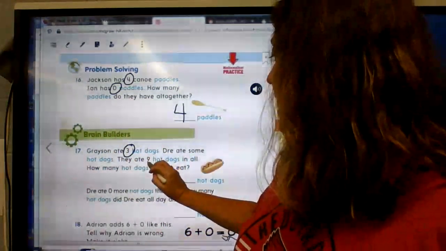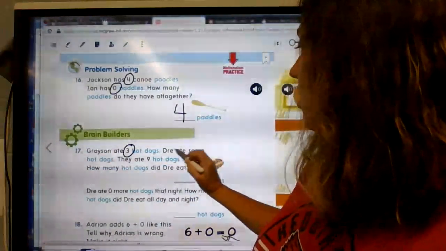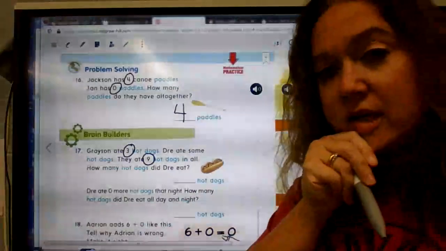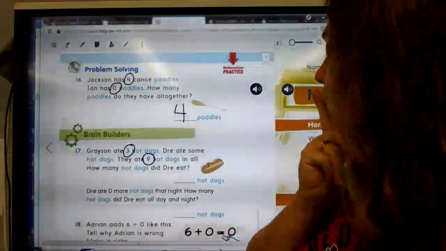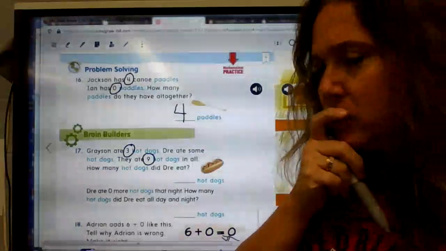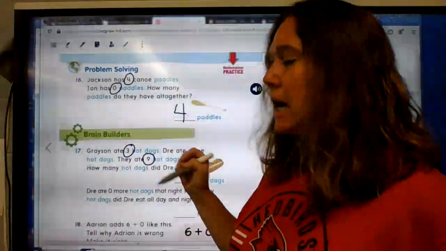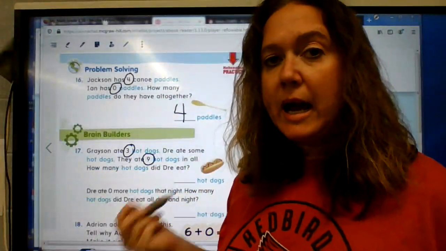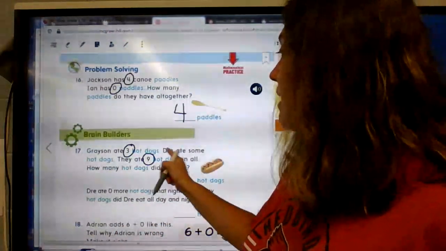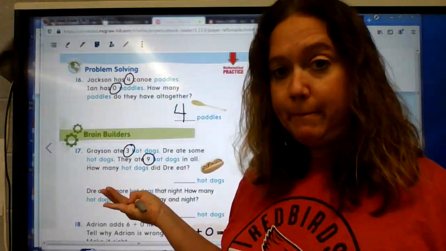They ate 9 hot dogs in all. I'm going to circle 9. How many hot dogs did Dre eat? Well, this can be a little bit tricky, right? We're not just adding 3 plus 9. We're trying to figure out how many hot dogs Dre ate. It didn't tell us. They said he ate some.